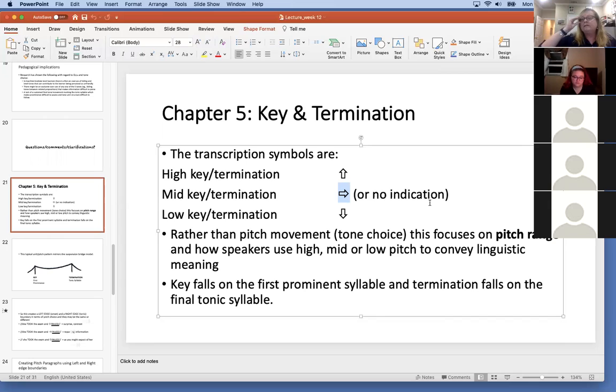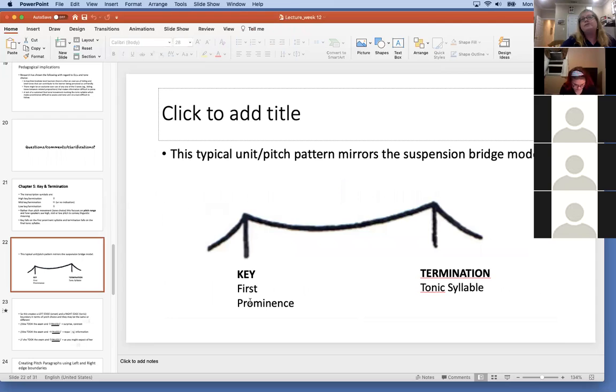If you're looking at a tone unit and there's no pitch indicated, you see that there's not a high one or a low one, there's just nothing, then that would transcribe as a mid-level choice. Now, if we go back to this suspension bridge issue, we talked about this last week. Key and termination are the same thing in the sense that they both deal with pitch range, but key appears at the beginning on the first prominence or the onset prominence, and termination appears on the tonic.